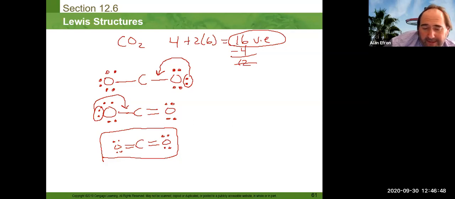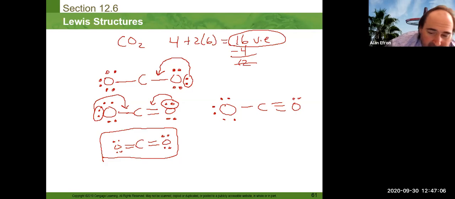Now, I will say that, technically speaking, it's not necessarily 100% wrong to jump to a triple bond at that point, and you would end up with something like this. And technically speaking, it still fulfills everything. Everybody's got 8. You got the right number of electrons. But what we don't talk about in this class is something you'll talk about in 1A.